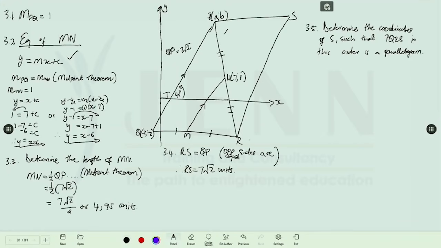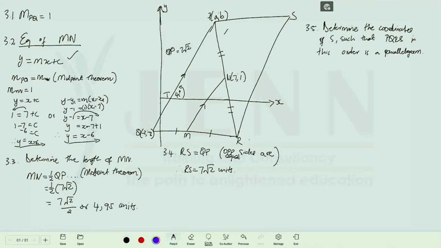The moment you hear the word parallelogram, just remember what? Before you can attempt your question, remember, you are given a parallelogram. You must remember the properties of a parallelogram.